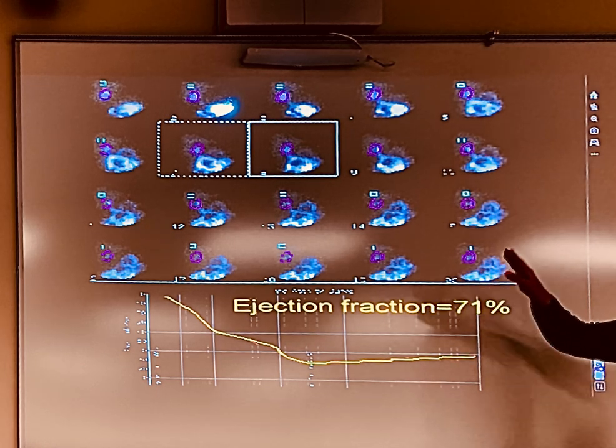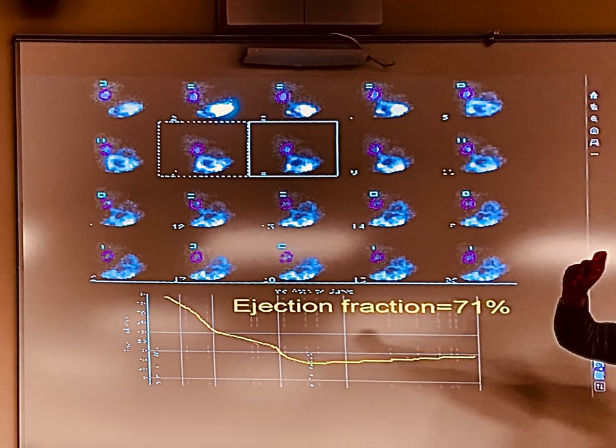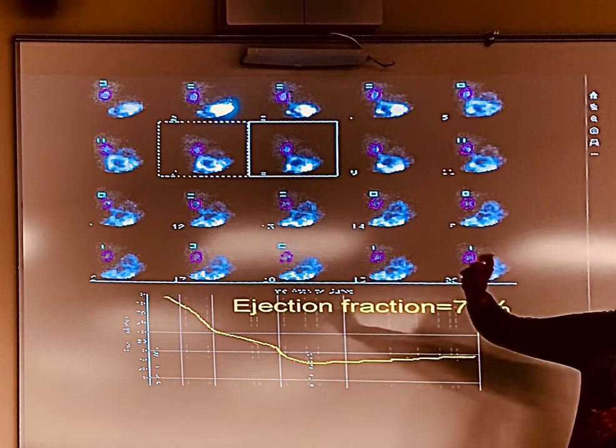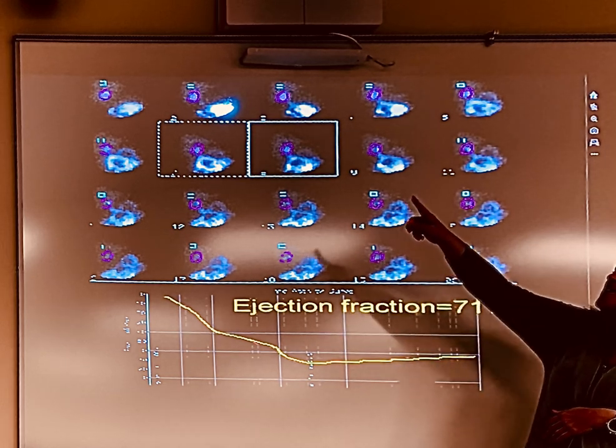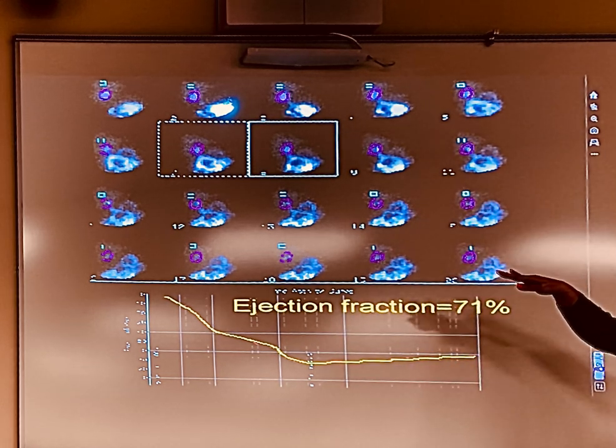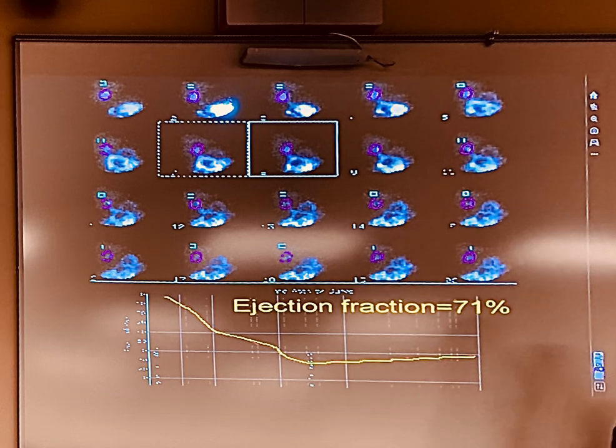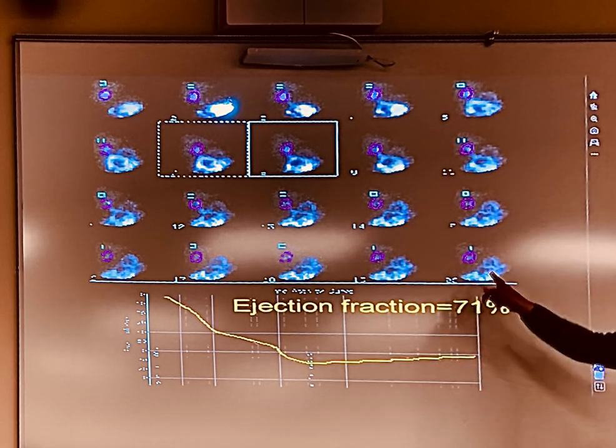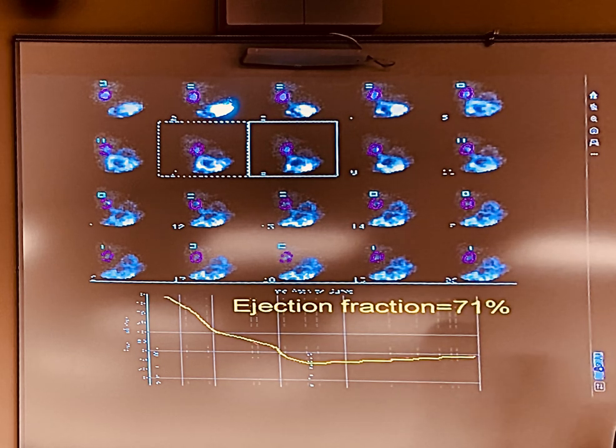Because if your ejection fraction was 17, you really shouldn't be able to tell the difference. It should look all the same intensity in that region of interest all the way down the study. But you can look at it and go, oh yeah, it's definitely more than 50. That's definitely more than half. There's almost nothing left. Okay. Normal ejection fraction is 35% at around 20 minutes. That's your normal. Anything over 35% is normal.